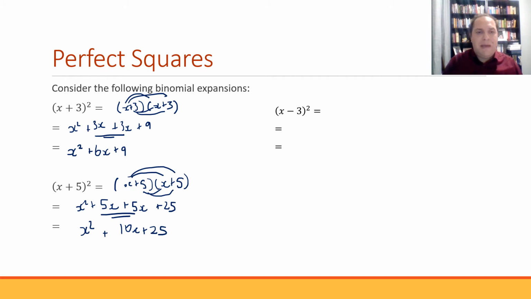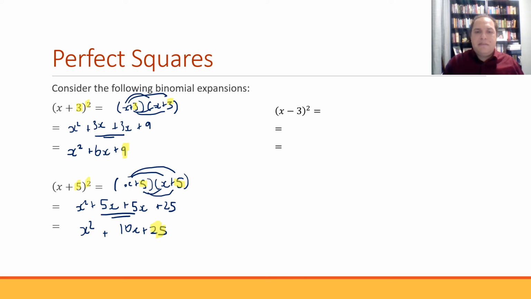So this back number here, this 9, that number is just 3 squared. This 25 here is 5 squared, because in our expansion we do 5 times 5 to get 25, and 3 times 3 to get 9. It's just 3 squared and 5 squared.